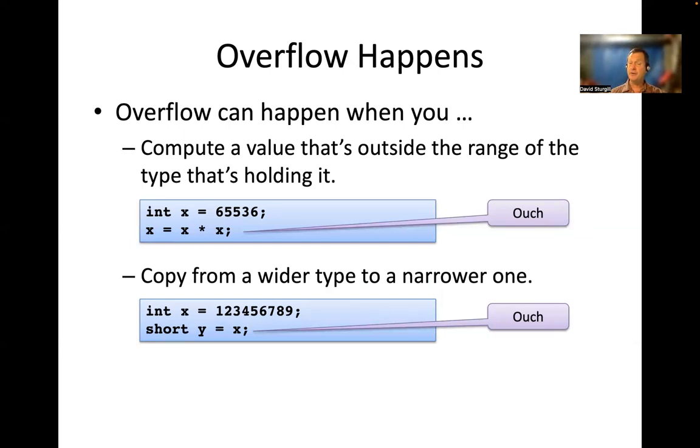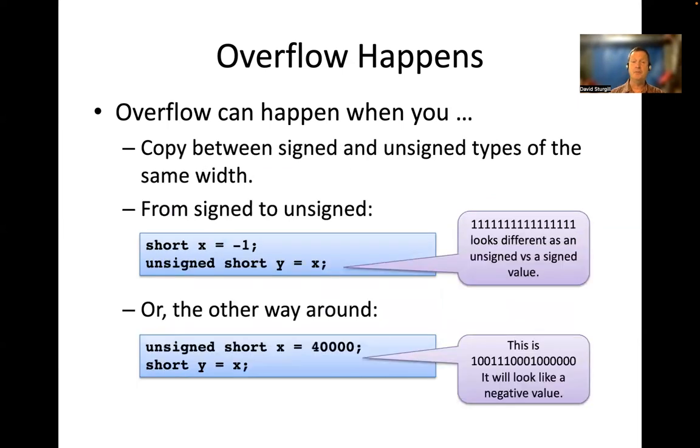You can get overflow when you change type from a wider type to a narrower type. In that bottom example on the slide, that top number, 1,200,000,000 and some million, fits in an integer just fine, but it doesn't fit in a short. So the short value after that assignment wouldn't be correct.